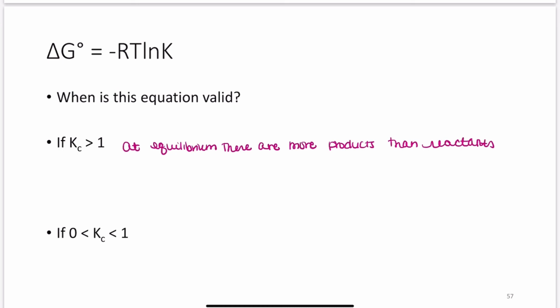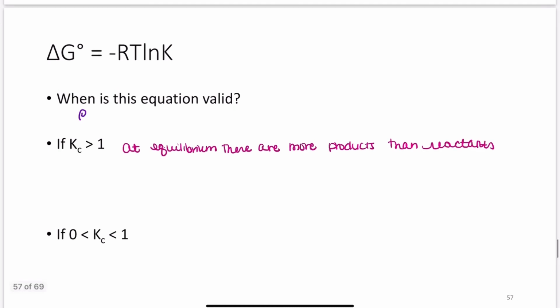So this equation applies at equilibrium, right? Does that mean that K has to equal 1? No. It only means that delta G has to equal 0 and Q has to equal K. They don't have to be 1.